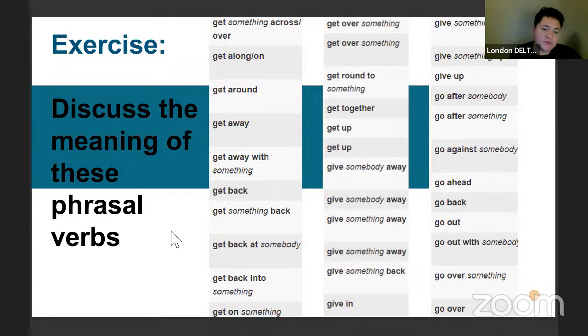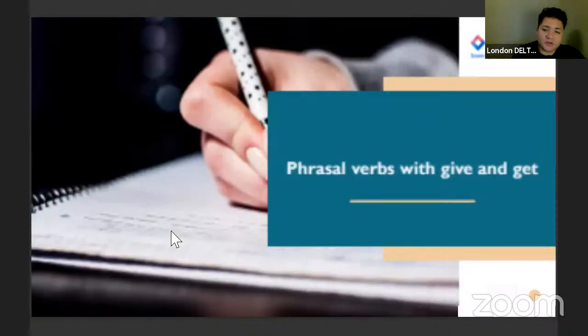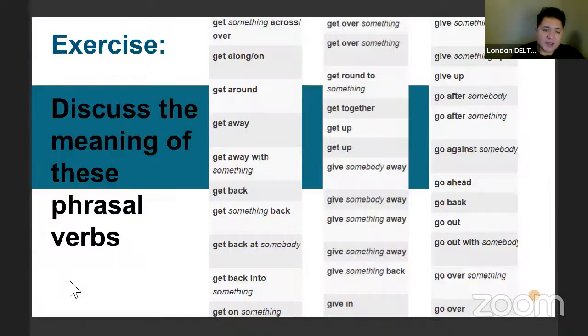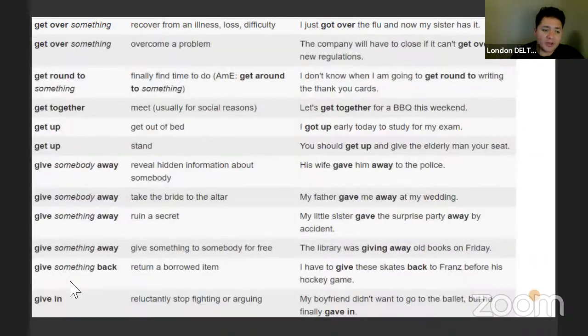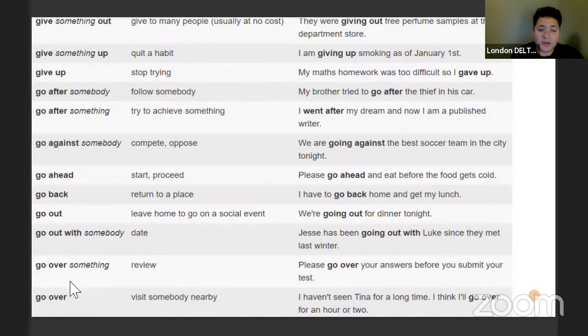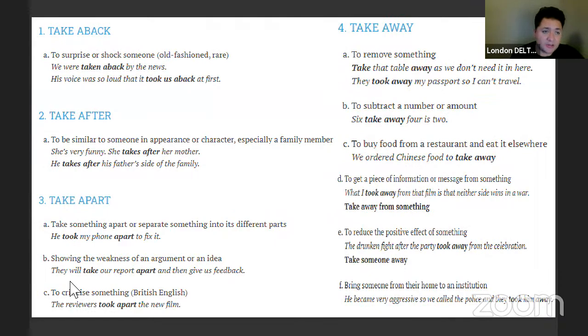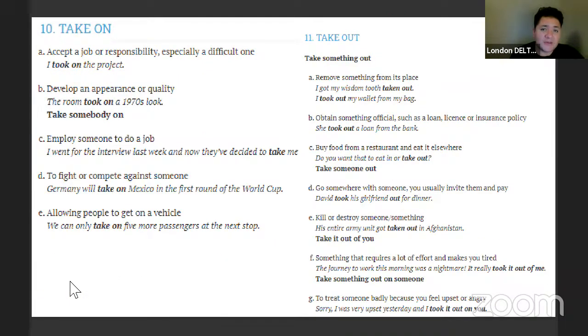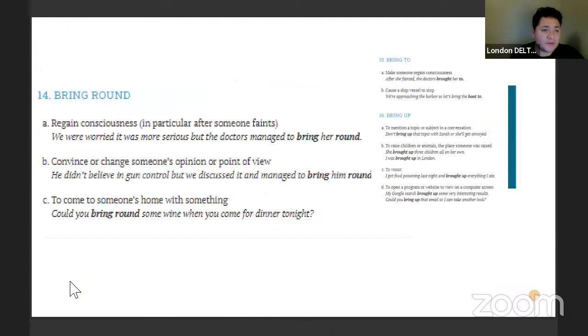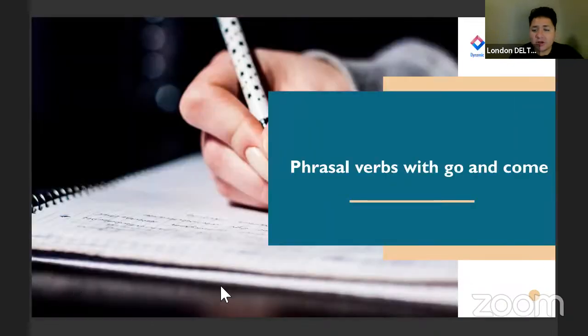So what are some of the important phrasal verbs? We're not going to check all of them, but some of the most important that you will have to check during your test are the phrasal verbs with get, give, take, bring, as well as go and come.